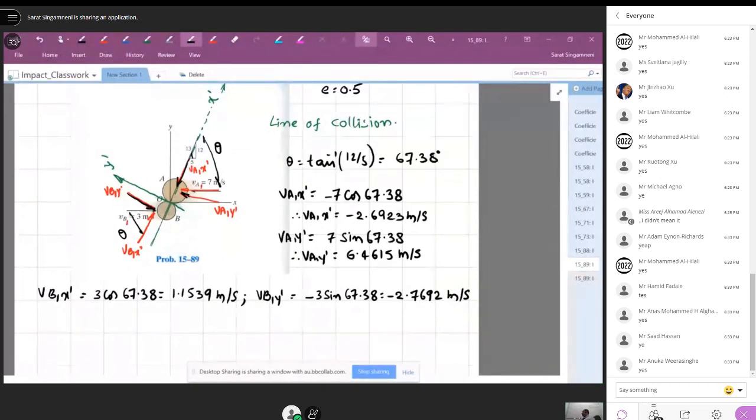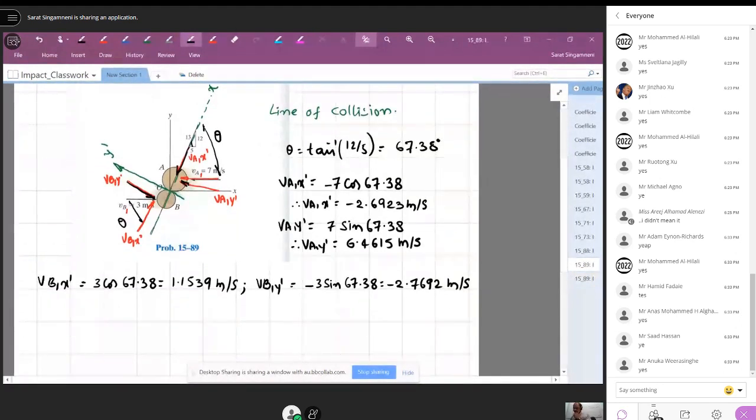The coefficient of restitution equation also will apply in that direction. We will apply that, get another equation, and solve those two equations. We will get VB2 x dash and VA2 x dash, which are the x dash components of the final velocities after collision of spheres A and B, which will make us reach the halfway point of the solution. I will let you know what to do next, but first let's complete this part.